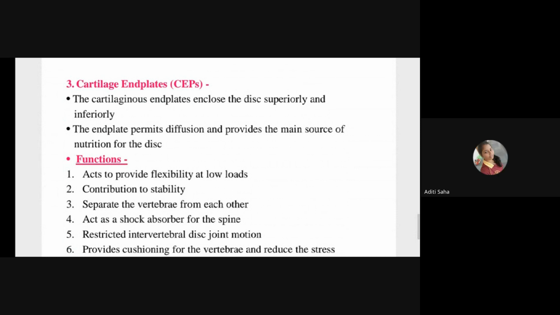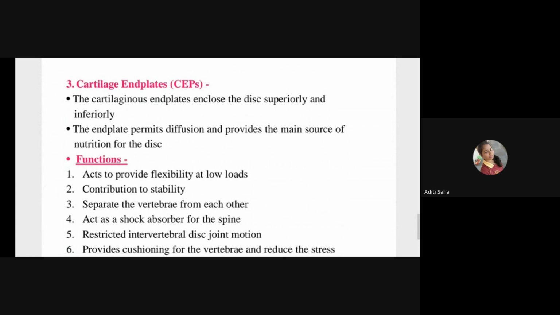So it is permitting diffusion, means it will permit which thing should come inside the intervertebral disc and which thing should not, and what should go out and what should not go out. So this diffusion is permitted by cartilage end plates, and they also provide the main source of nutrition. So cartilage end plates are providing nutrition to the intervertebral disc.